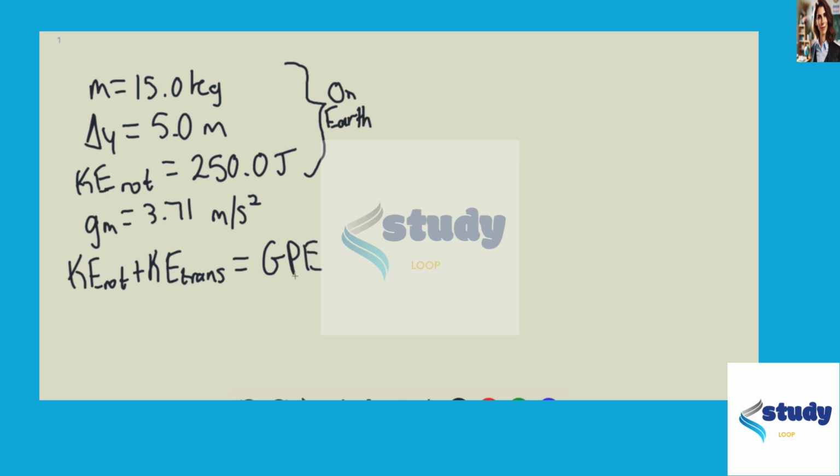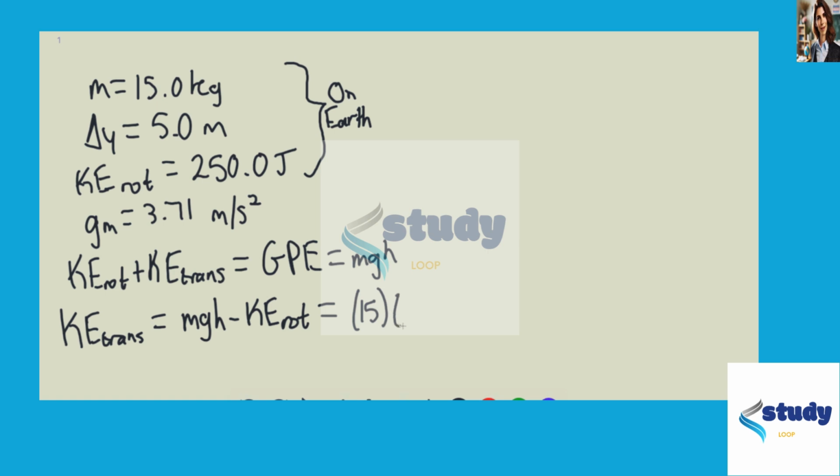And at this point, we can say that the translational kinetic energy is simply going to be equal to GPE, which is equal to mgh, minus the rotational kinetic energy. So we should find this and say 15 times 9.8 times 5 minus 250, and this is going to equal 485 joules.